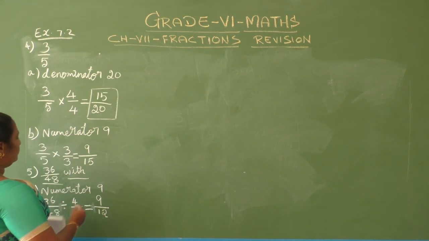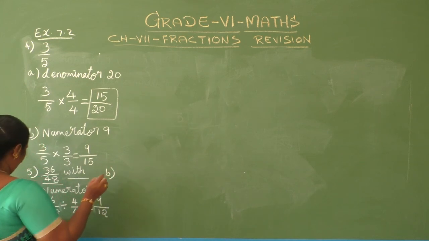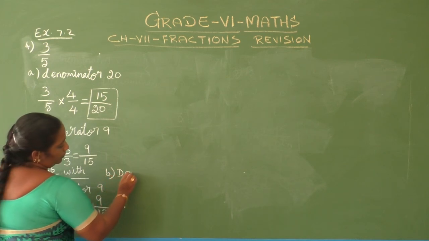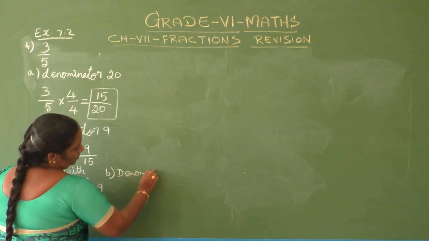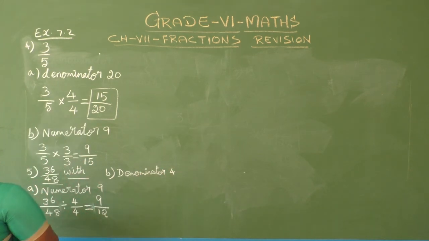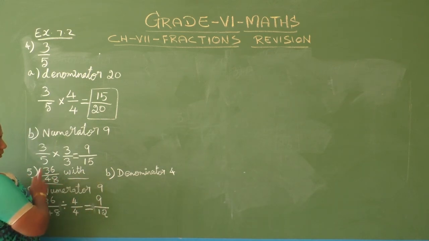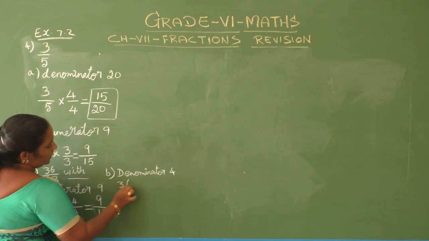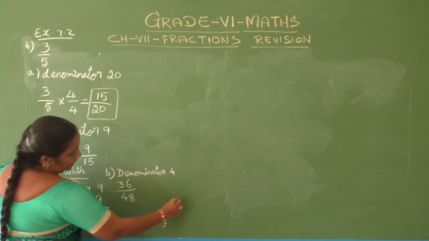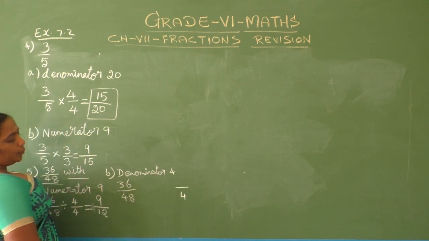B sum. The same Roman, B1. In B1 they gave the denominator 4. Right. We are going to find the answer for the same fraction only. The question is 36 by 48. The denominator they gave as the condition is 4. So that means we are going to find the numerator.